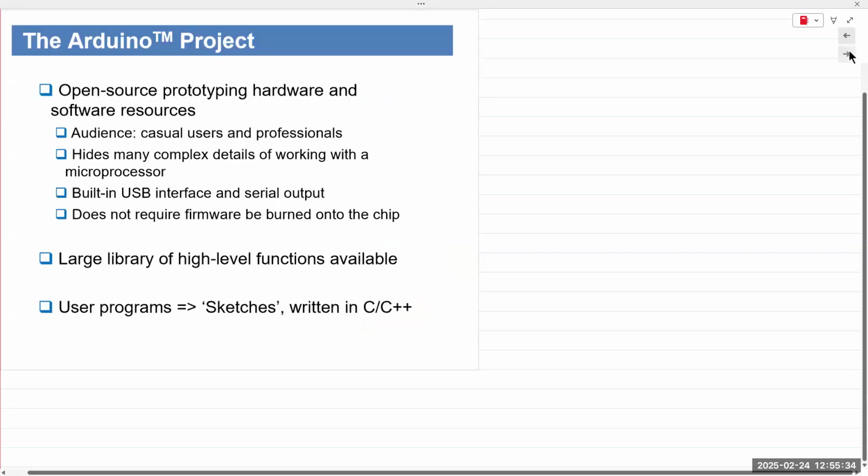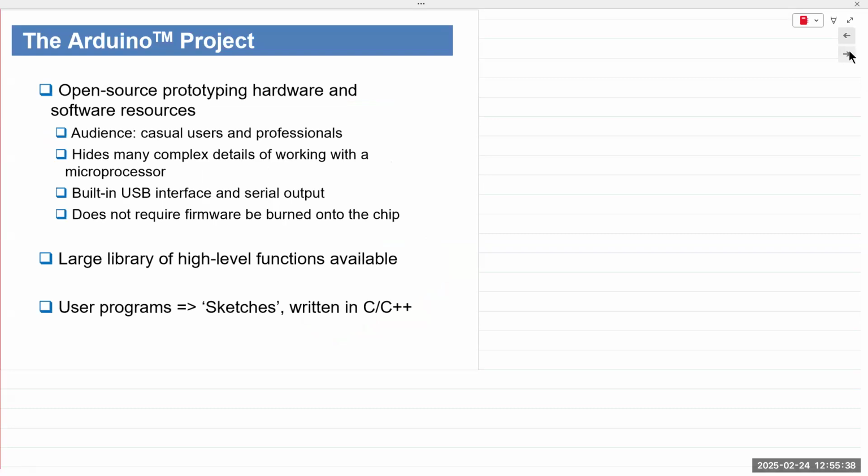So the Arduino project was an open source prototyping project that was created in Italy. And like all good inventions, this was a meeting of a couple of people in a pub over a few rounds of beers, or a few pitchers of beers, I would say.